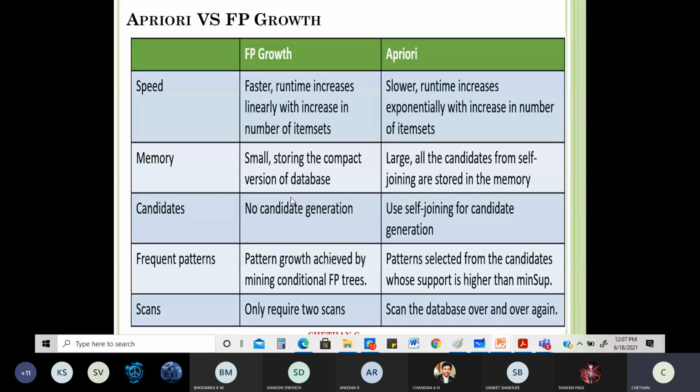Then the memory aspect. With FP growth it is small, storing the compact version of the database, because you're doing only a one-time scan, and you're not taking the entire candidate item sets every time. You're only scanning what is for frequent item sets. With Apriori it is large, because all the candidates from the self joining are stored in memory.